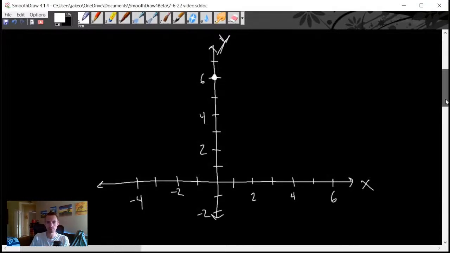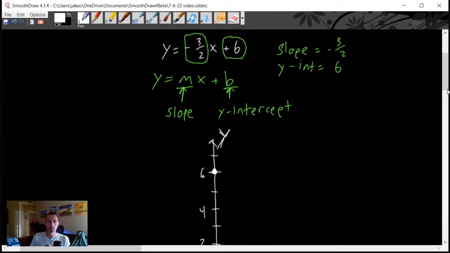Once you have your y-intercept point drawn, then you can start figuring out some other points that your line goes through based on the slope. So a slope is always going to be rise over run. All that means is how many units you go up divided by how many units you go over to the right. So in this case, if we have -3/2, you want to think of your rise as -3.